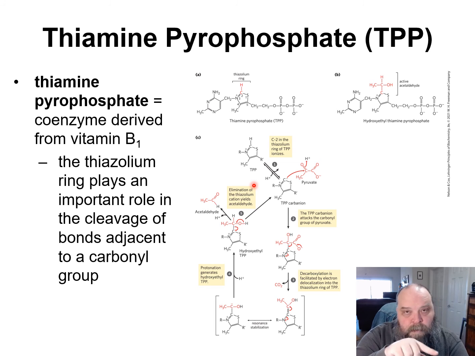Remember, that was the first step. Pyruvate with the magnesium and TPP gives you acetaldehyde, and carbon dioxide is released. Then acetaldehyde gives you ethanol.